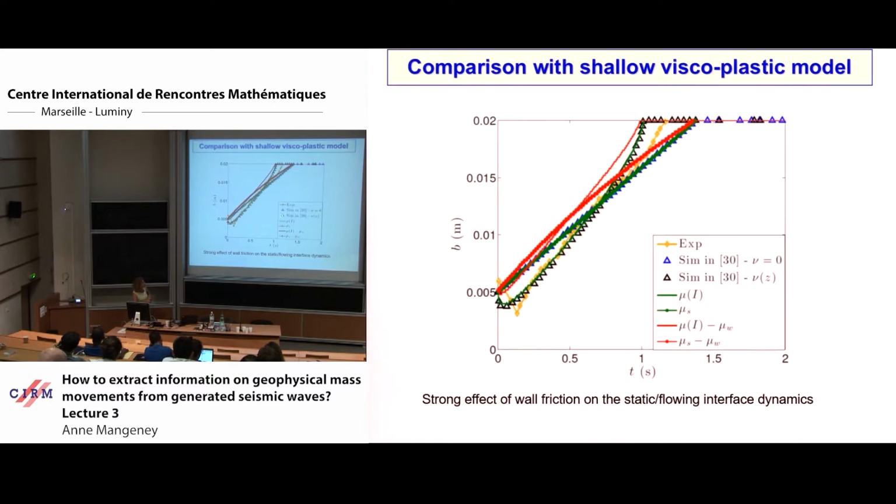This is the experiments here, and with the mu of I. With the mu of I rheology, we are able to simulate the fact that you have penetration of the flowing layer into the erodible layer and go up to zero. So this is just to show that this kind of model has the possibility to describe static flowing interface without adding anything more in your model, just taking your equations.